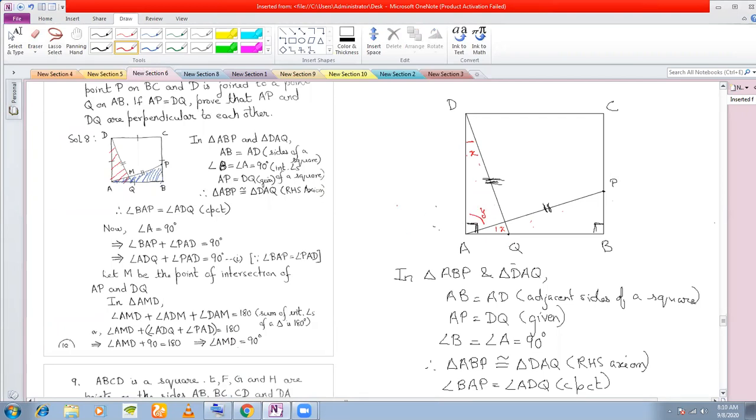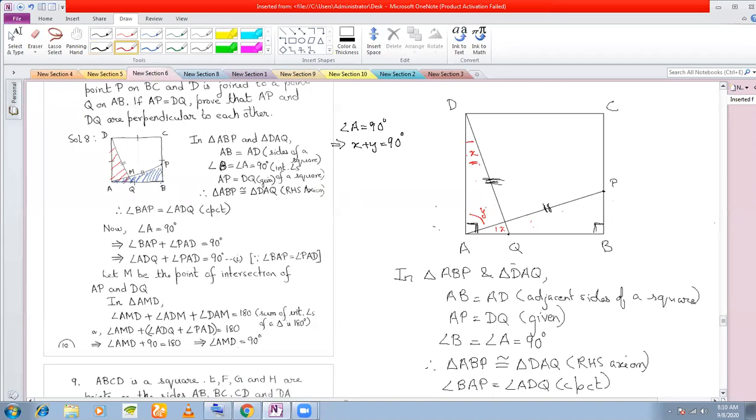Now clearly, angle A here is 90 degrees because it is the interior angle of a square. And since we have called these two angles X and Y, angle A is nothing but the sum of X and Y, isn't it? But what is X here? X is also this angle, isn't it?